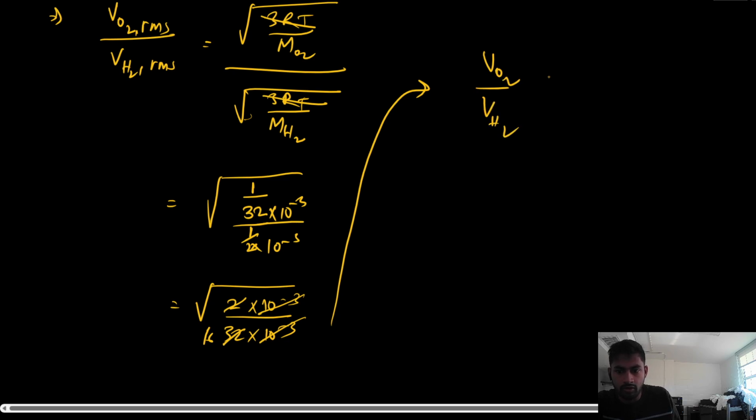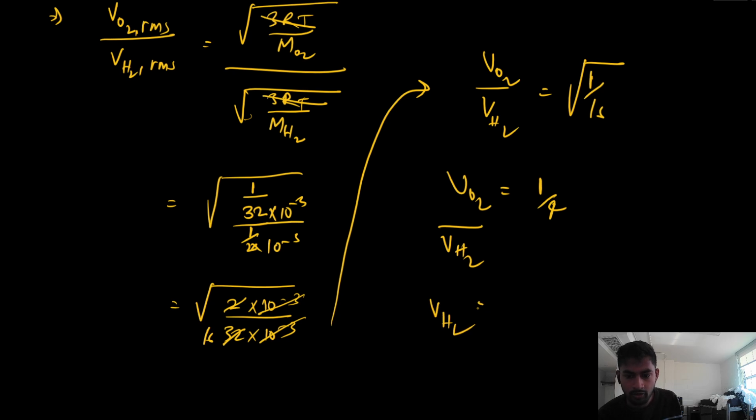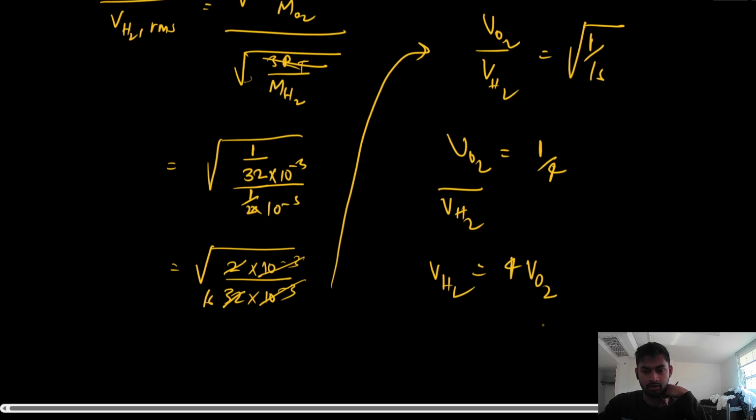So V O2 by V H2 is equal to root over 1 by 16. Now V O2 is equal to 1 by 4 V H2. So V H2 is 4 times V O2, which makes sense because it simply says that the velocity of hydrogen gas at the same temperature is 4 times the velocity of oxygen at the given temperature.